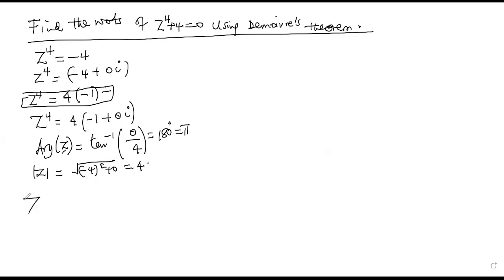Implying that z power 4 is equal to 4. This complex number in polar form is cos 180 plus I sine 180, right?